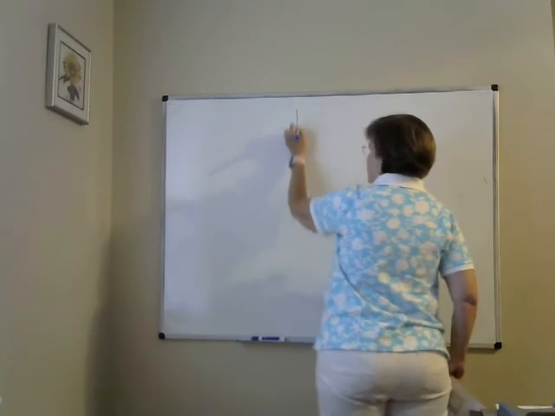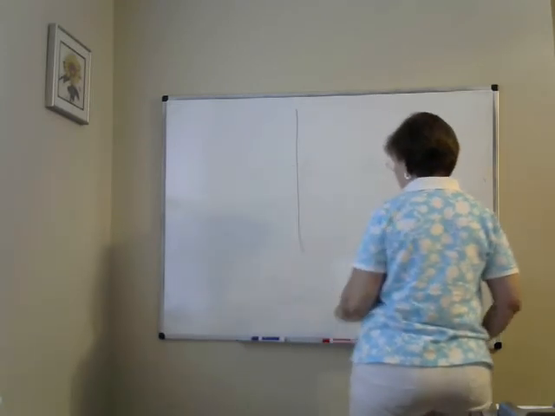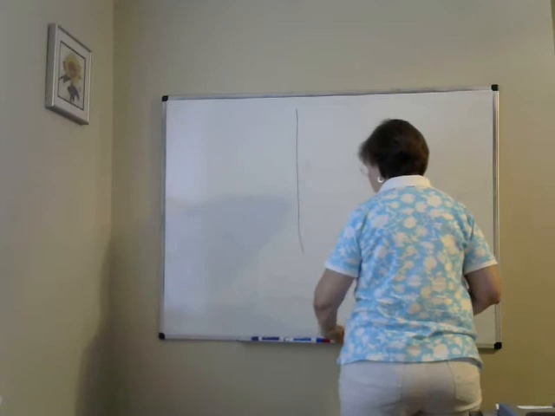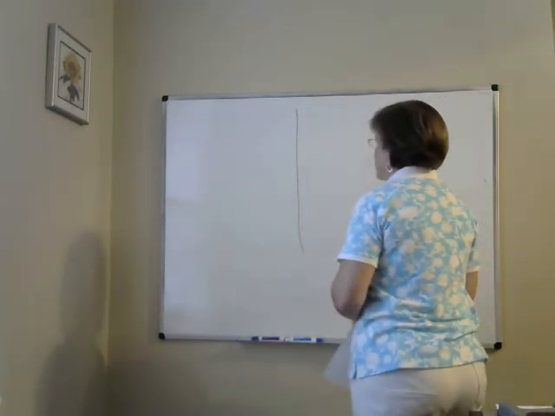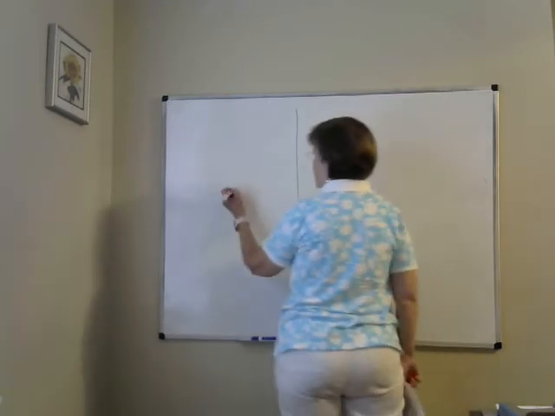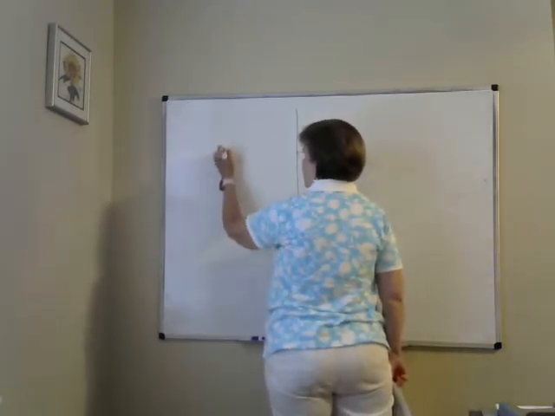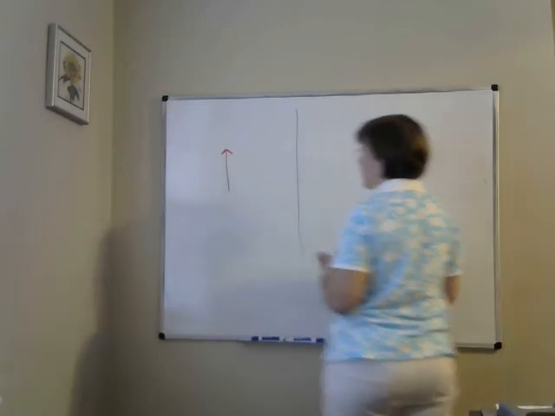Here's a mirror. And we'll put an object in front of that mirror. The easiest thing to do is put something that has a little direction. So I'm going to put an arrow in front of that mirror.